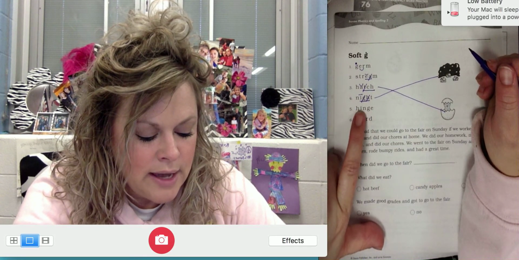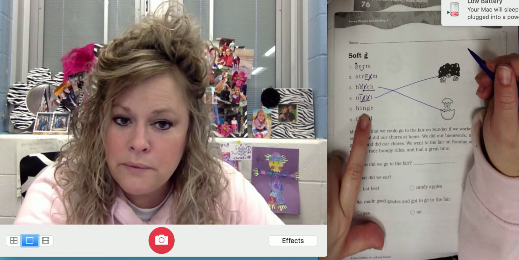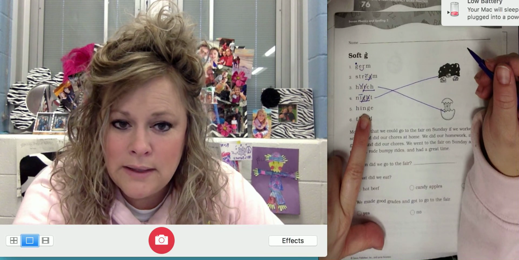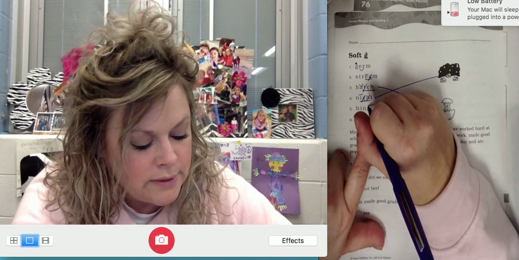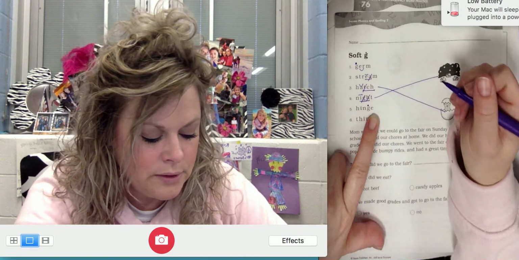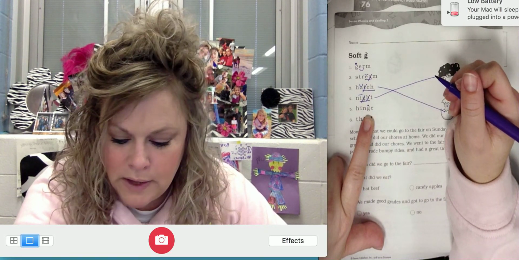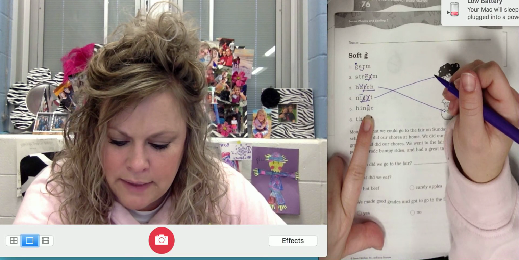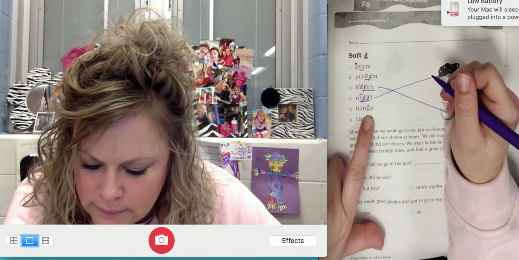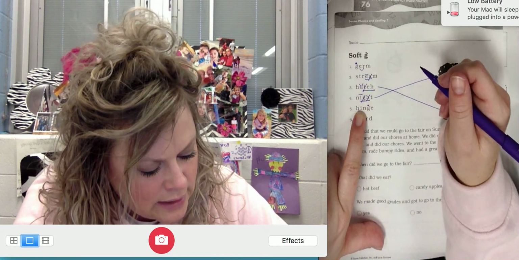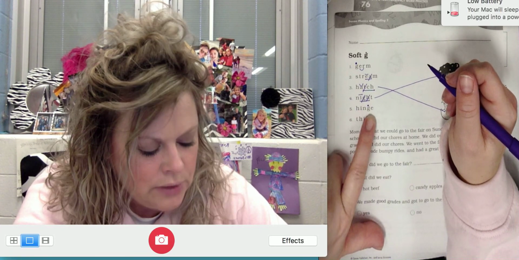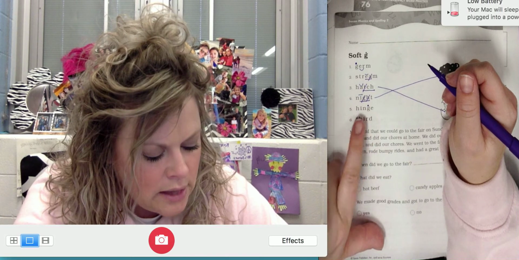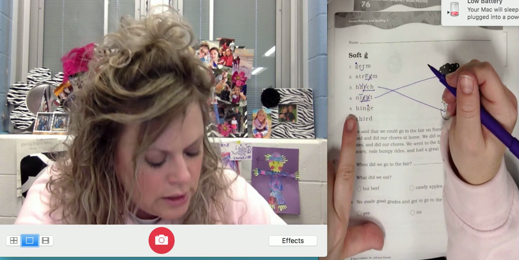Next is H-I-N-G-E. This is a tough word that you might not see very often. I see a G followed by an E, so I know it's going to make the soft J sound. Okay, I'm going to keep looking at that word, and I see an I, and I'm not really sure if it's hinge or hinge.